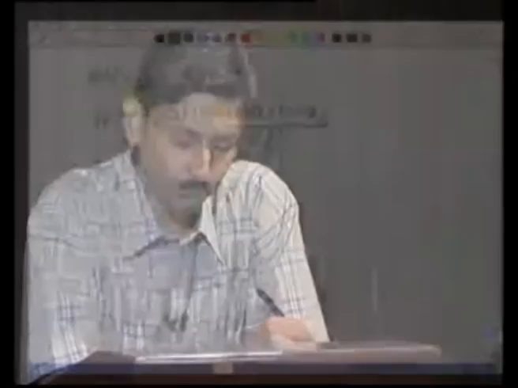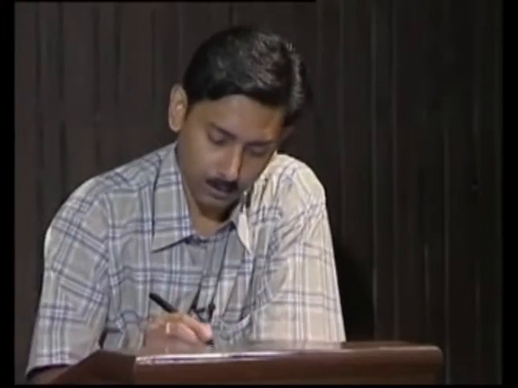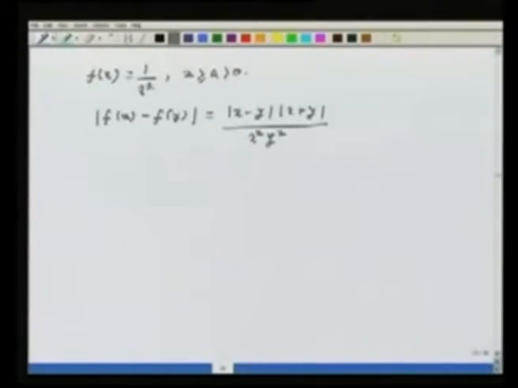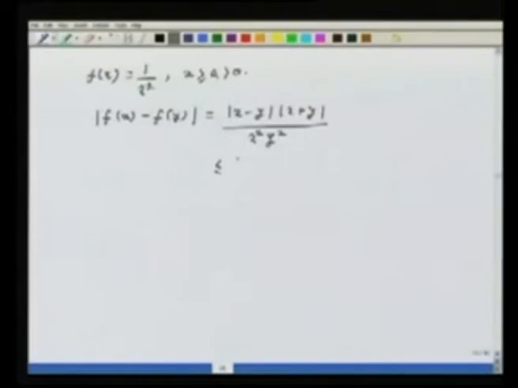Okay, fine. That means I have to find a delta which works for all x, y and a given epsilon. But since x and y both are bigger than a, what I get is that this is less than or equal to mod of x minus y into mod of x plus y divided by a to the power 4.